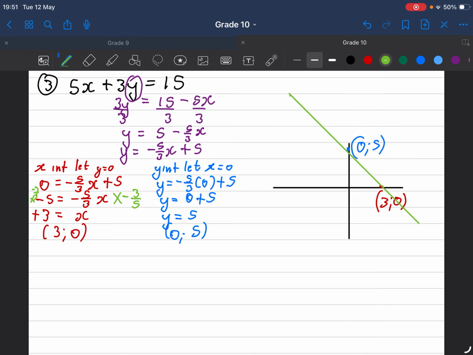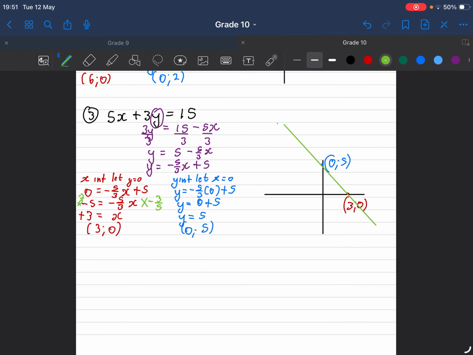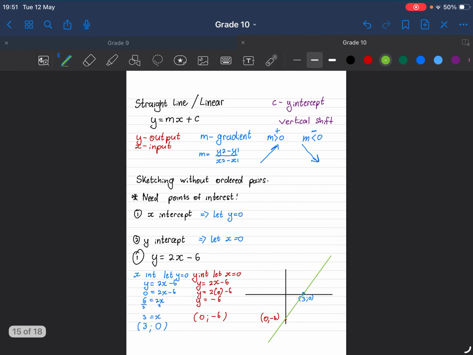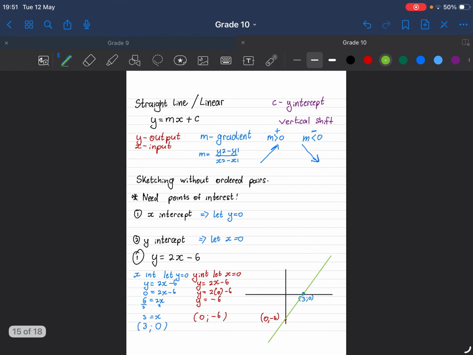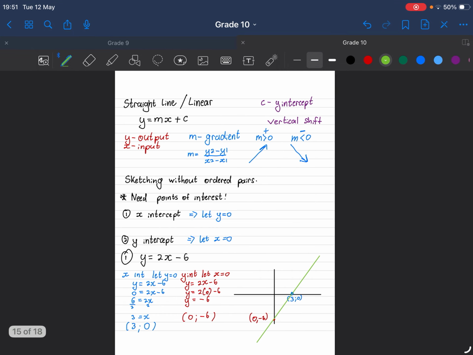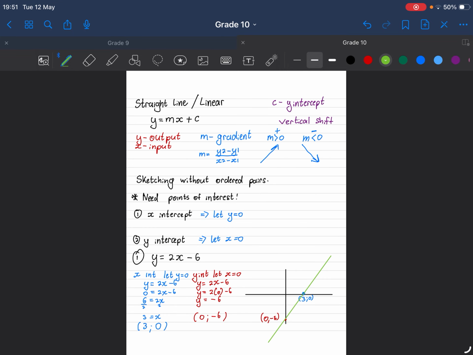If you're getting marks for neatness, you're obviously going to want to try and make it look a little bit better, maybe not put the coordinates in line with the actual line. But that's generally what we do. We find the x-intercept and y-intercept, which are points of interest, and draw a line. When you do other functions, this concept is going to make more sense also, because every type of function you're going to try to draw involves finding points of interest, marking them, and then drawing the shape around it. So we've got to master that.